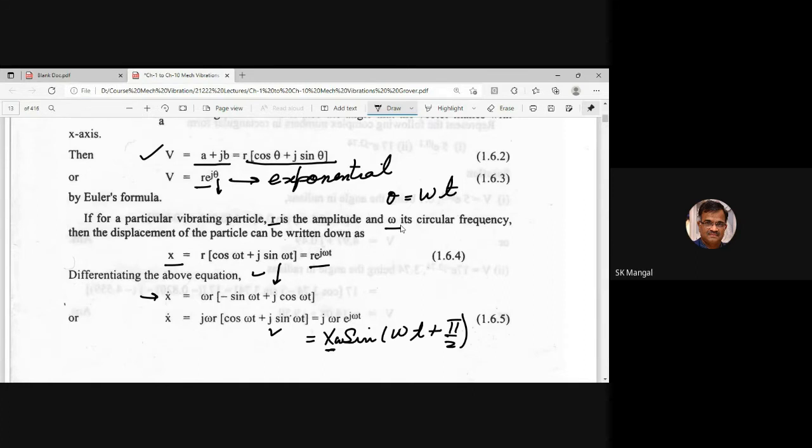So I can say here that when you multiply this complex number by j, it is equivalent to rotation of the vector by pi by 2 in the direction of frequency.